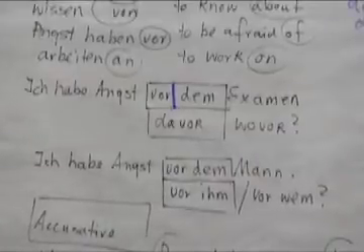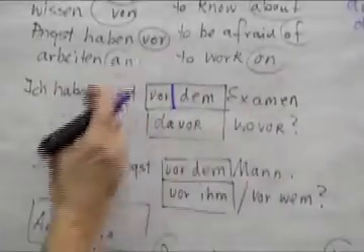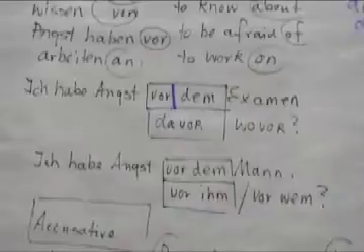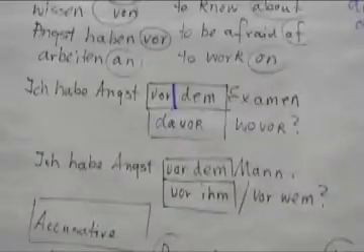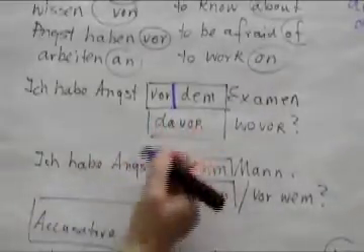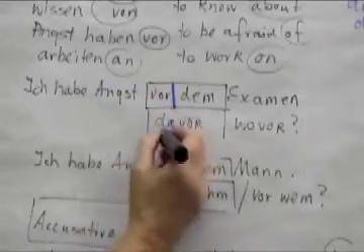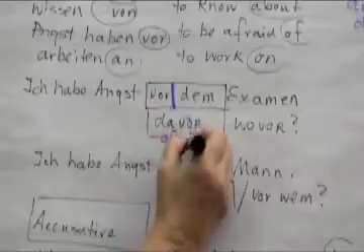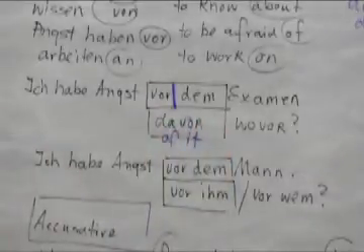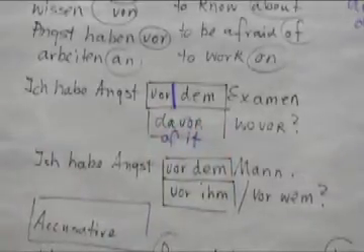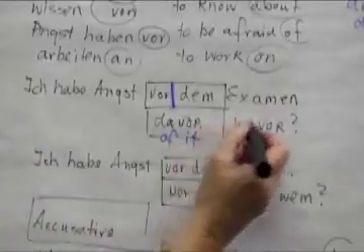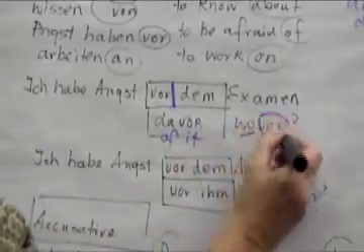Now, if we want to replace that phrase and we want to say, I'm afraid of it, remember we use a da. Davor. And davor is a da plus the preposition, and it means of it. I am afraid of it. And if I ask, what are you afraid of? You would have to say wo plus the preposition.